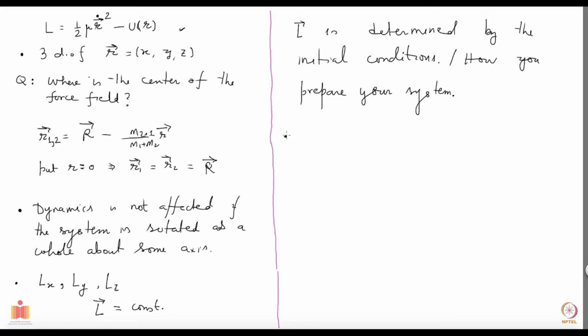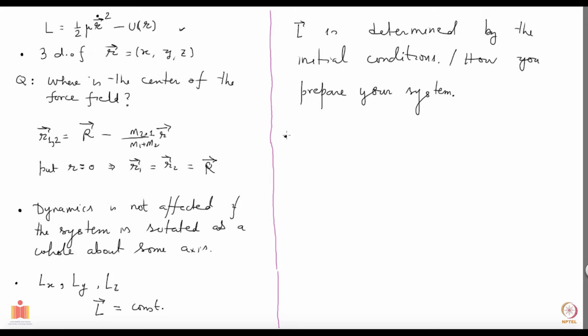And you take particle number 2 and fire it directly towards particle number 1. Now if you do so, the angular momentum would be 0. You should be able to immediately realize this just from the definition of angular momentum: the angular momentum about the center of mass, or about r equal to 0, will be 0 for this system. This particle will be going directly towards particle number 1. So I prepared my system such that the angular momentum is 0.